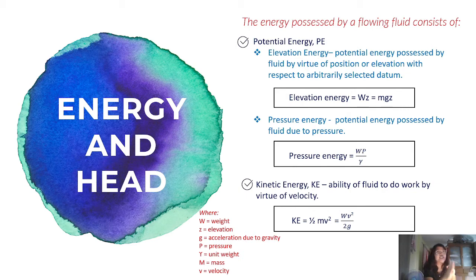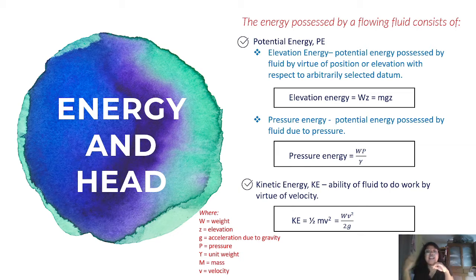So from potential, it becomes kinetic. Now, in our flow, since we are talking about the tendency of the fluid to flow or move in a direction continuously, we now consider kinetic energy aside from potential energy. Those two are the most important types of energy that we will be using for today.